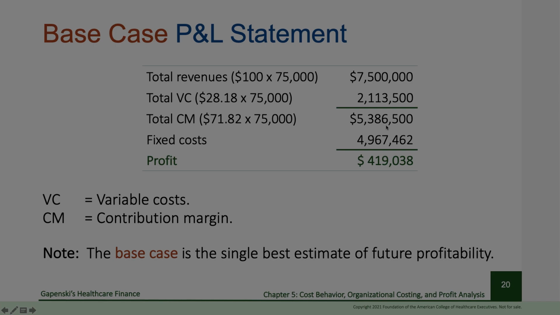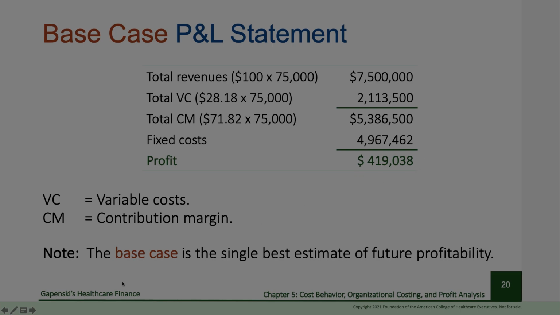Since only variable cost has been subtracted from revenues rather than total cost, the contribution margin is the dollar amount that is available to cover Atlanta's fixed cost. Only after fixed costs are fully covered can Atlanta begin to make profit. So all of your fixed costs should be fully covered, and then you subtract that, and the number that you get is your profit.